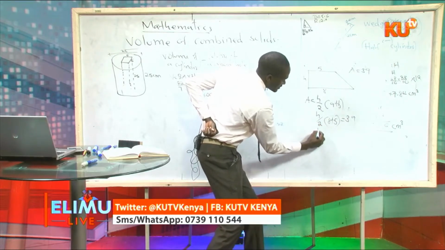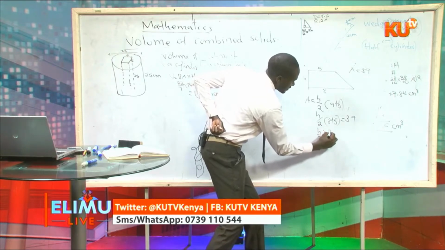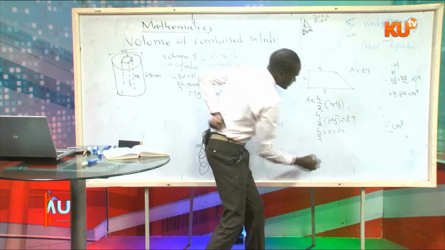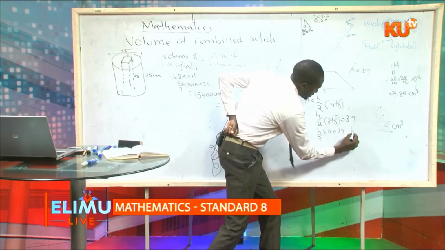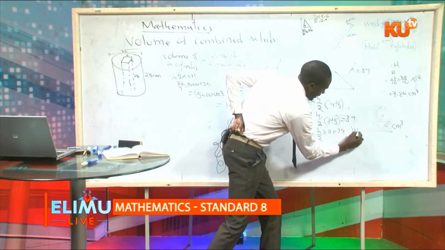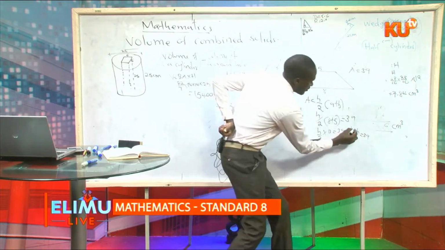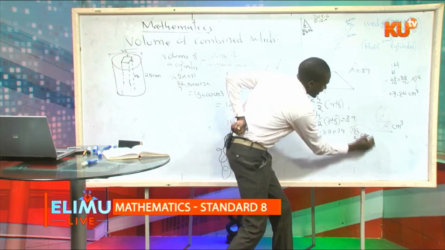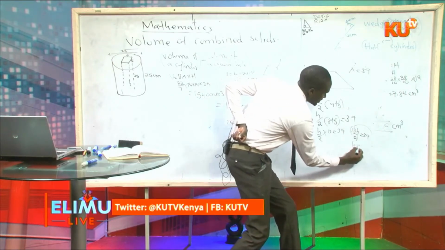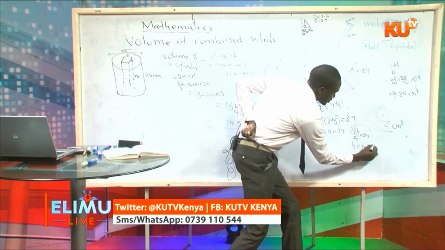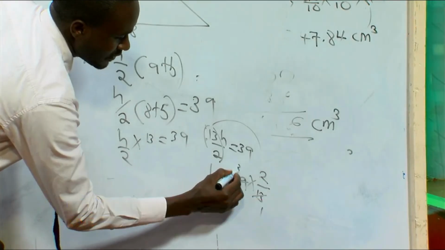Then that is the area which has been given as 39. Now, as a learner, what do you do? I say h over 2 times this one, which is 13, is equal to 39. Then 13 h over 2 is 39. Then now, this one, you take the other side as reciprocal, which means now you are left with height is 39 times 2 over 13. 13 here 1, 13 here 3.